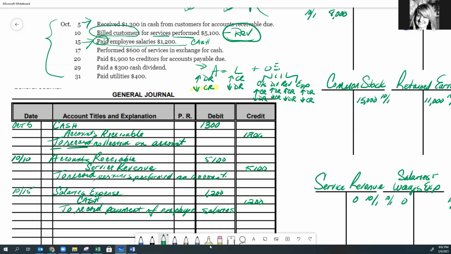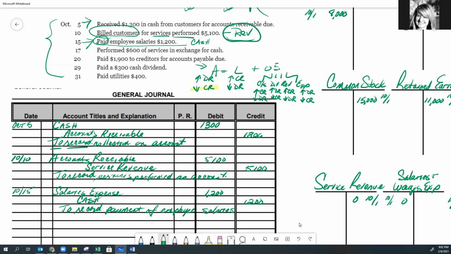So I want you to practice doing it. And so I just start mine all with to record so that in the future I can just stop there. But you could also say for this description that you paid employee salaries. That would be fine. You don't have to use to record.